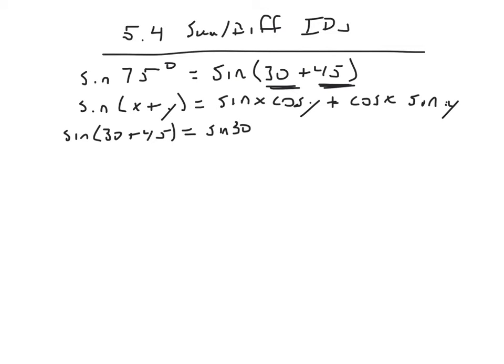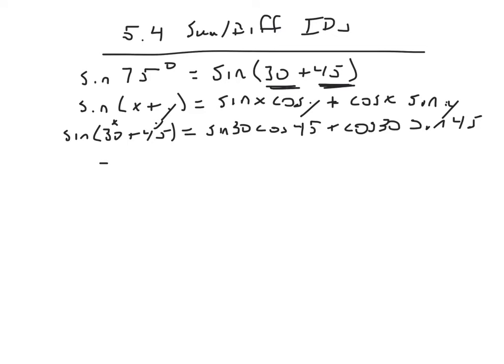The sine of 30 times the cosine of 45. That's my sine x cosine y, because this is basically my x and this is my y, plus the cosine of 30 times the sine of 45. Sorry, my handwriting is really bad here with this pen.